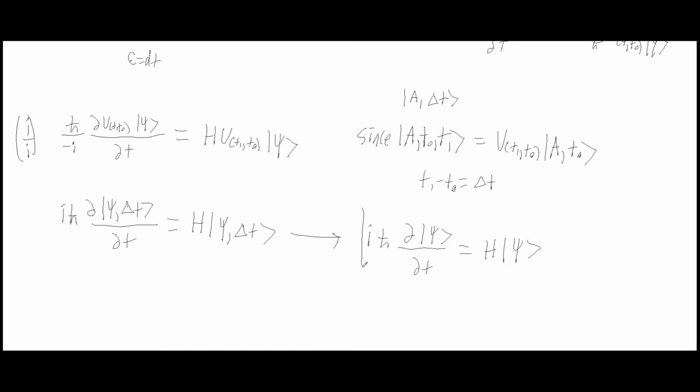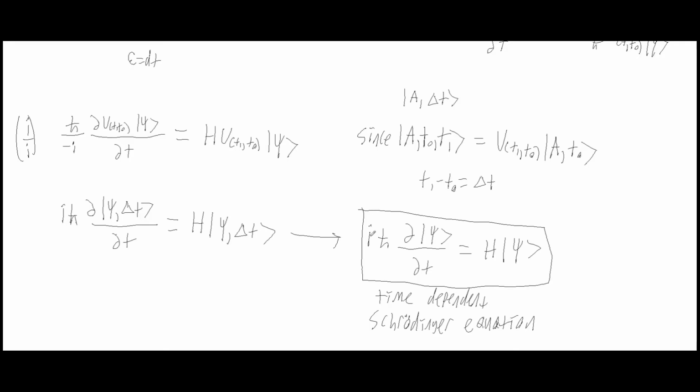And so you may recognize this as what is called the time-dependent Schrodinger equation. And I guess this is kind of a derivation of it. In future videos, I will be going through a lot more ways that we can come up with things like this.